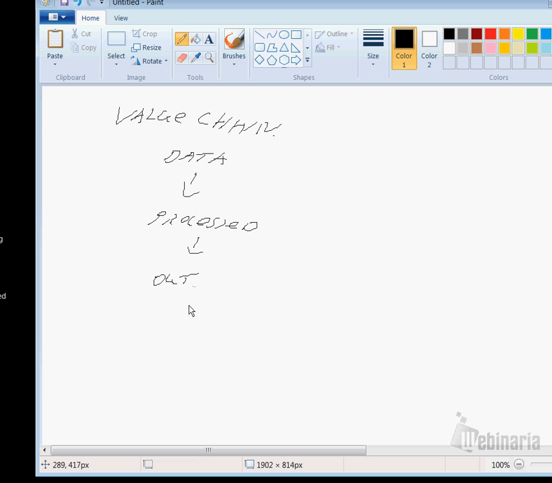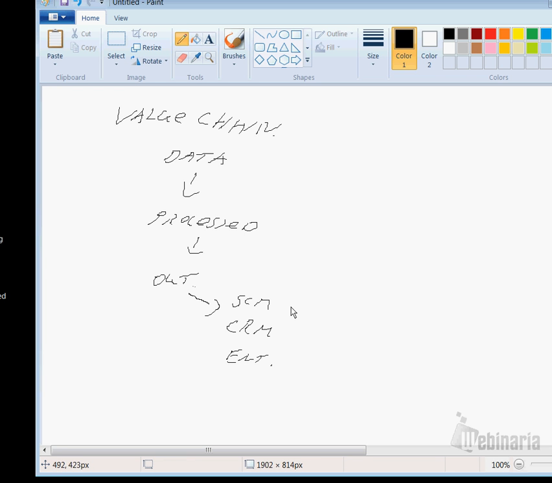Then we have to ask, where does this information go once it's been processed? It might go into a supply chain management system, a customer relationship management system, or an enterprise management system.